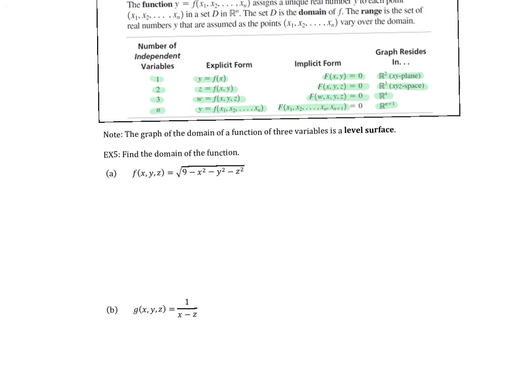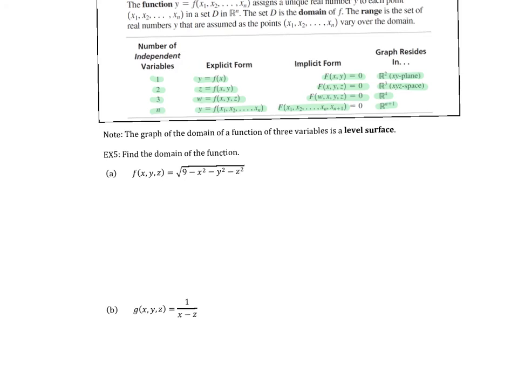So something to note is that level curves are when you take a surface in 3-dimensional space and you drop it down to the xy plane, 2-dimensional space.